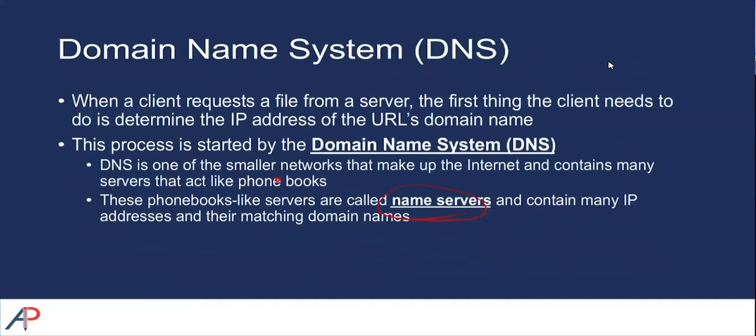DNS is a smaller network that makes up the internet that contains many servers that act like phone books. I also compared it to a dictionary, where a dictionary has a word and a definition associated with it. This is something similar, where we have a domain name and the IP address associated with it.